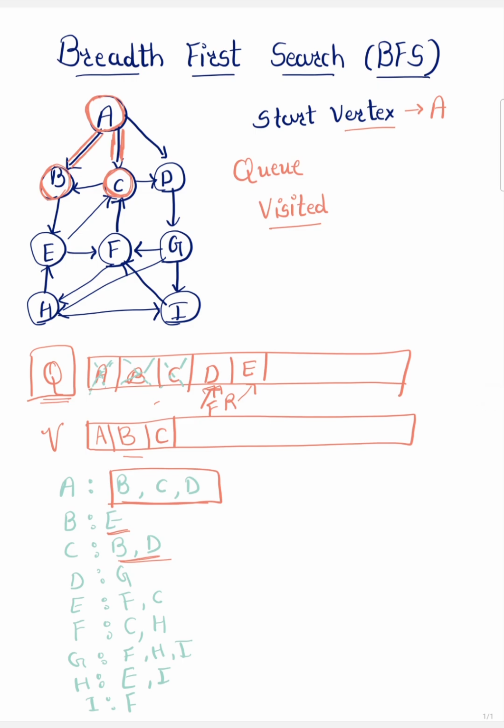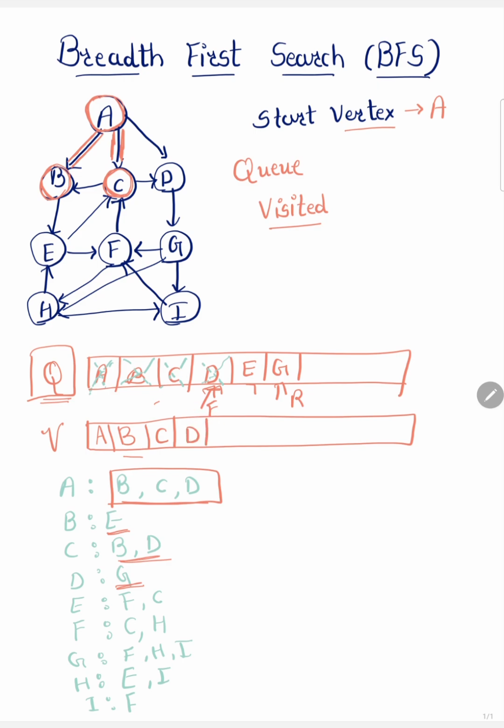So you just need to search what the neighboring node is, that's G, and it is not yet processed, right? So you just need to enqueue this G here, right? So this rear will shift here, and now we need to dequeue this D, and enqueue it into the visited one.